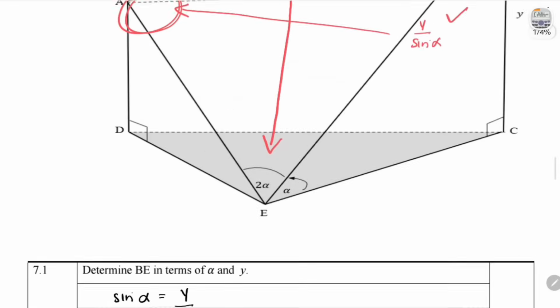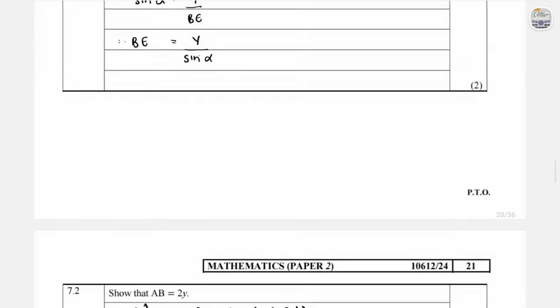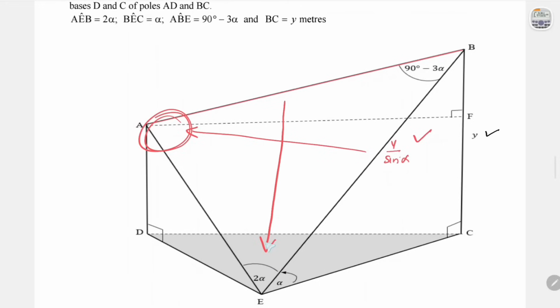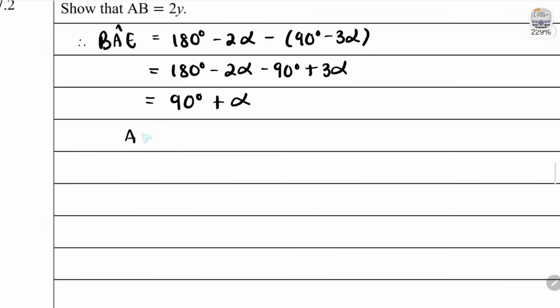Now that we have that angle, we can finally use the sine rule. We're trying to find the side AB, so we say the side over sine of the angle opposite it. The angle opposite AB is 2 alpha. So this is AB over sine 2 alpha.